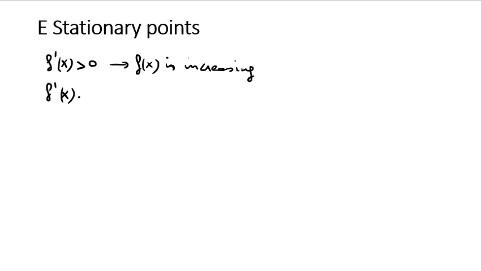So when the derivative of a function is greater than 0, then we say that the function is increasing. When the derivative of a function is lower than 0, then we say that that function is decreasing.